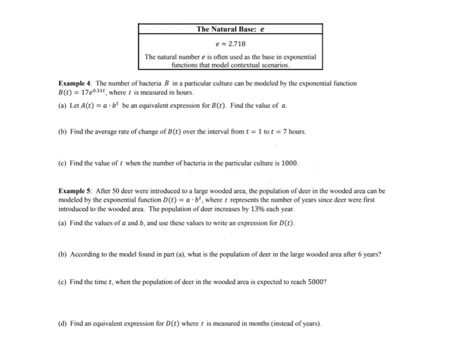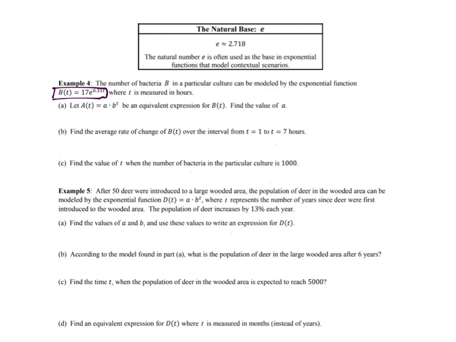So the bacteria in the culture can be modeled by the exponential function B of t equals 17 times e to the 0.31t, where t is measured in hours. You following what it's telling us? So this is our function.